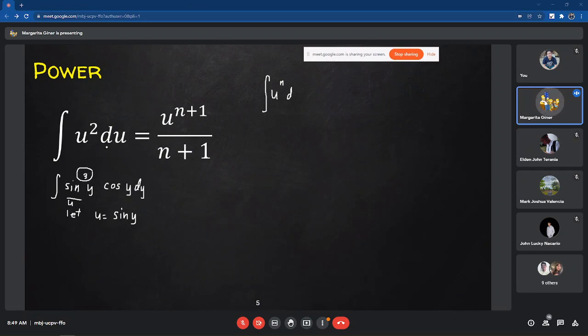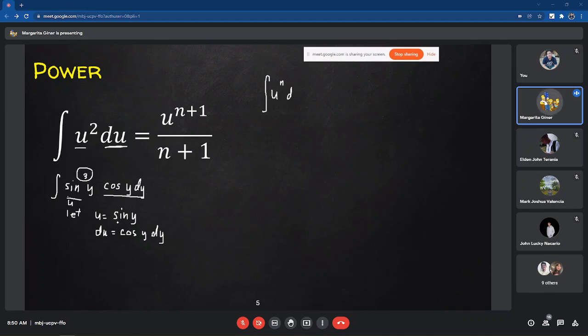And then, di ba may du ka de? So, dapat, ang sabat sa imo nga derivative diri makita mo na diri siya. So, that's why, kung ipaon natin ang derivative sini, du sang sine is equals to cosine y. Okay? So, lantawon mo kay, ang formula is u, ari siya sin y, and then ang du mo is cosine y dy. So, lantawon mo kung nag-match.